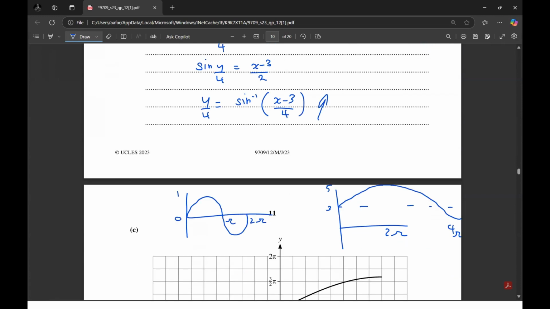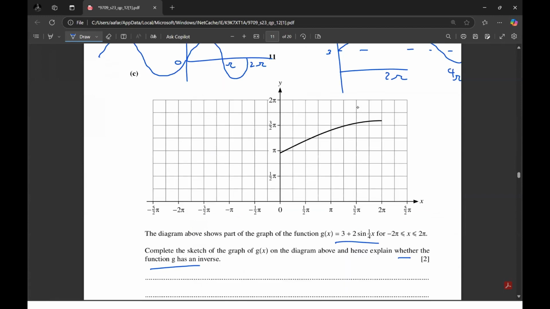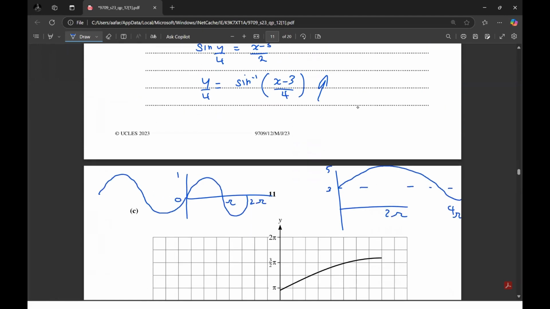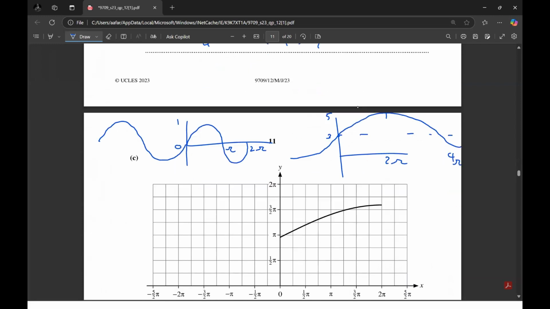If we understand the sine graph before x equals 0, it is something like this. So this continues. If we extend it backwards, we need to make the reflection of this in the axis, so it looks like this.